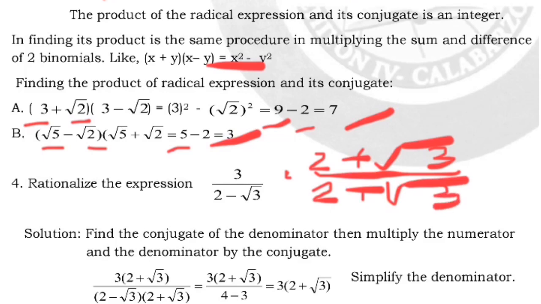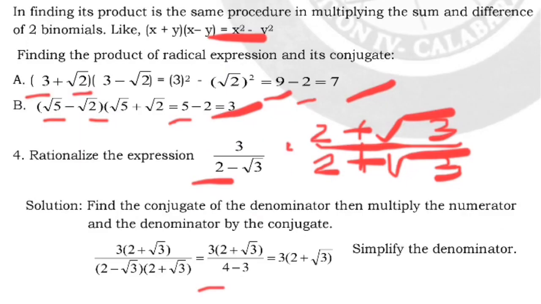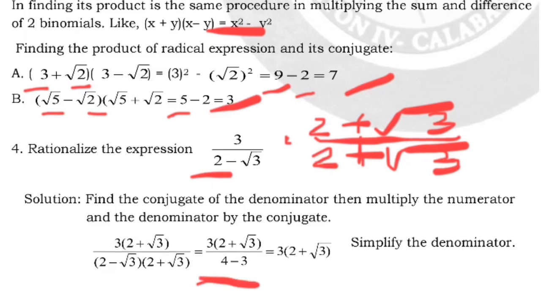Then multiplying, this will become 3 times the quantity of 2 plus square root of 3 over, for this one, this is 2 squared, that will be 4. Then minus square root of 3 times square root of 3 is 3. So our answer will be 3 times the quantity of 2 plus square root of 3 over 4 minus 3 is 1. So our final answer is the numerator, 3 times the quantity of 2 plus square root of 3.